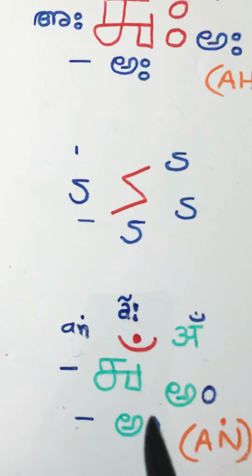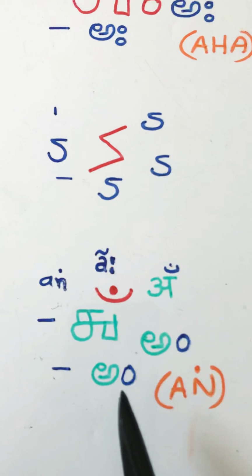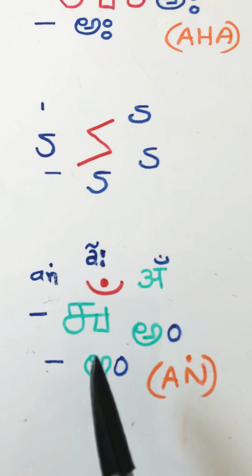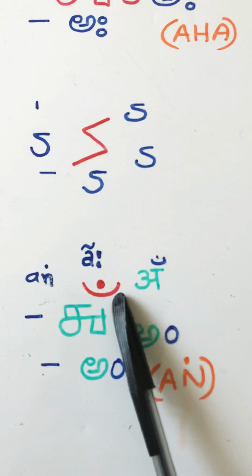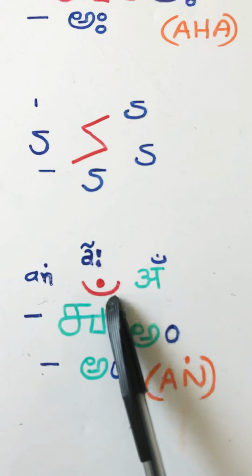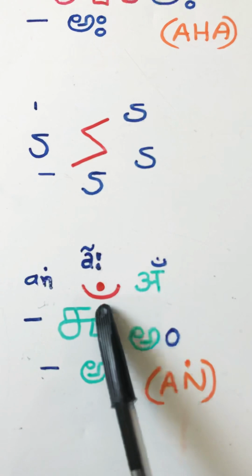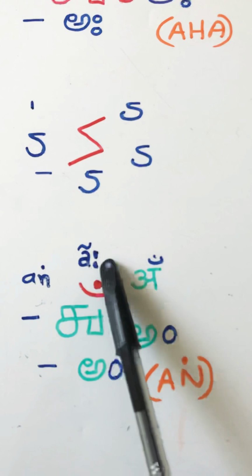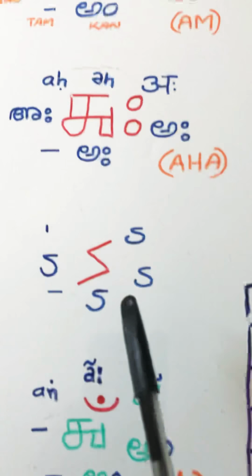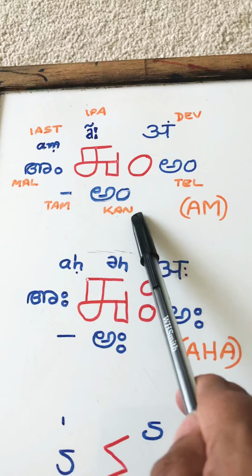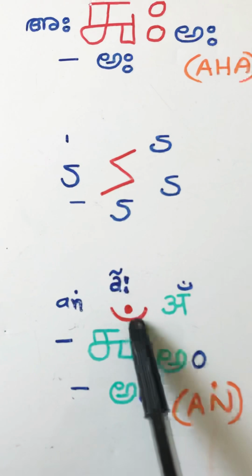And then a very interesting symbol, seemingly simple, but there's a lot more to it. Chandrabindu, for those who know Devanagari, this is a Chandrabindu, and the IPA equivalent is the same as before, but its purpose is different.